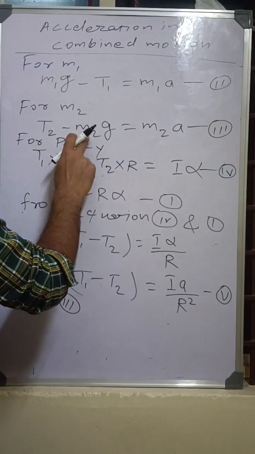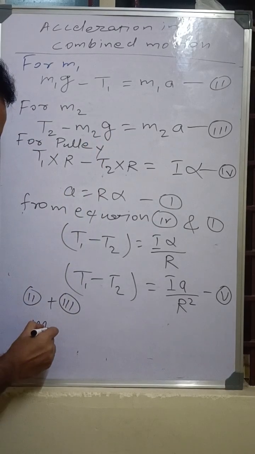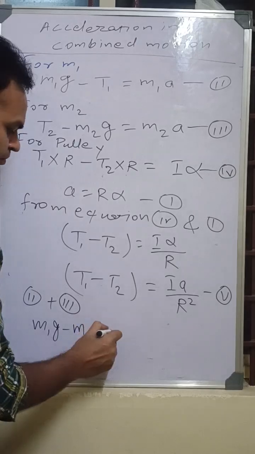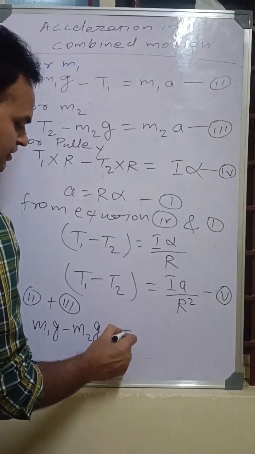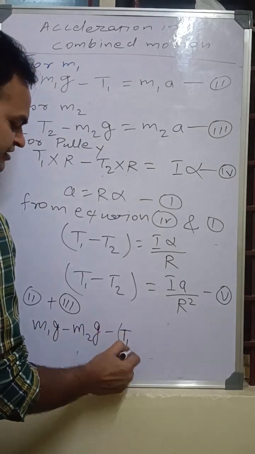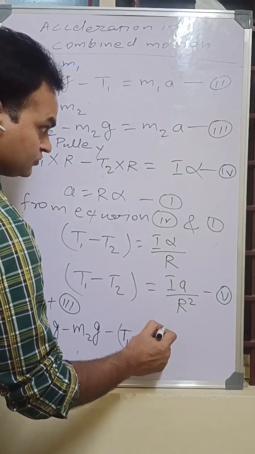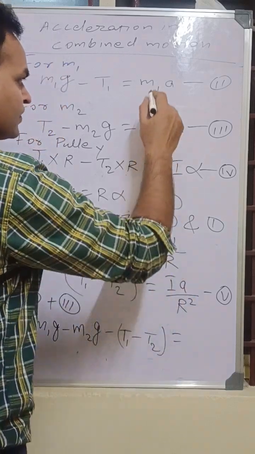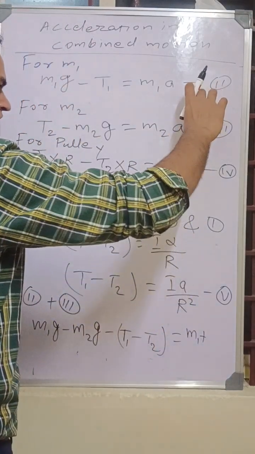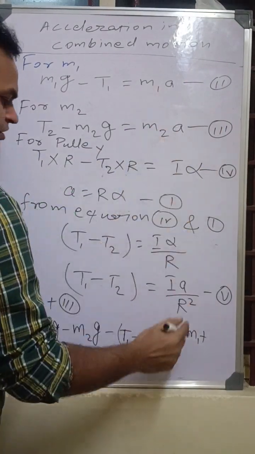M1G minus M2G minus T1 plus T2, which is M1G minus M2G minus (T1 minus T2) equals, as we have added these two equations, M1A plus M2A.